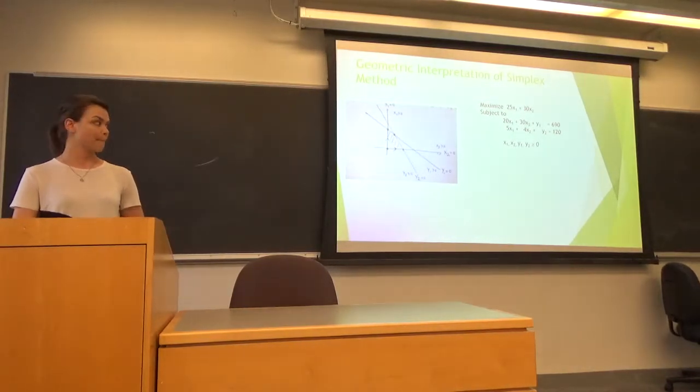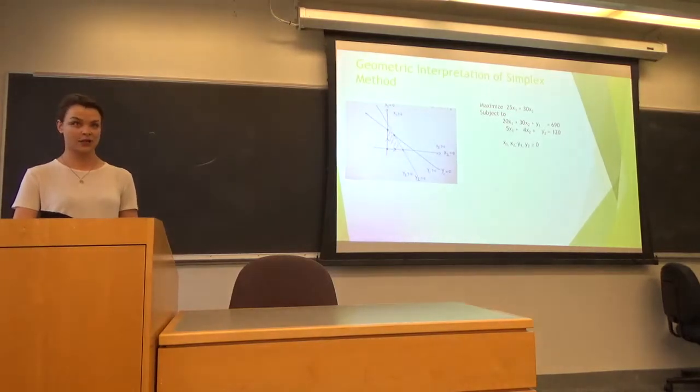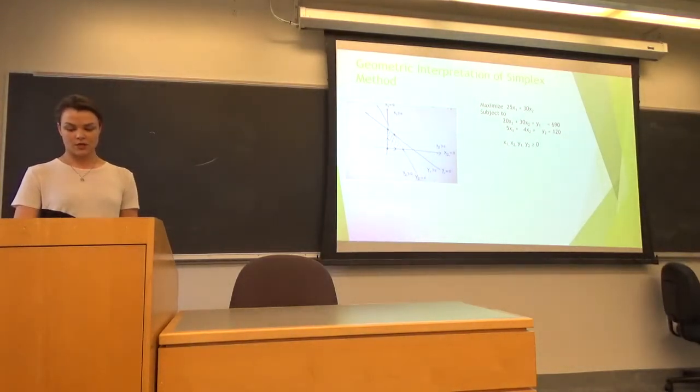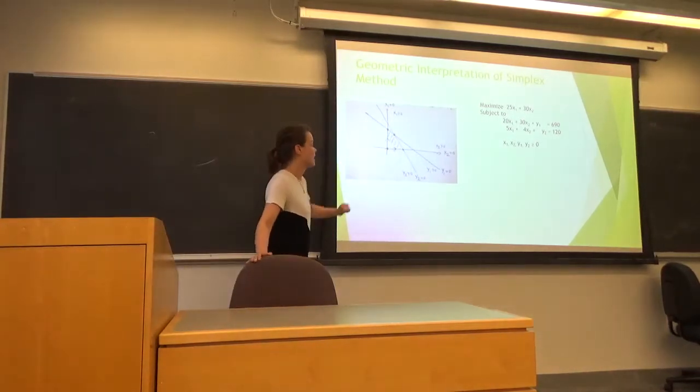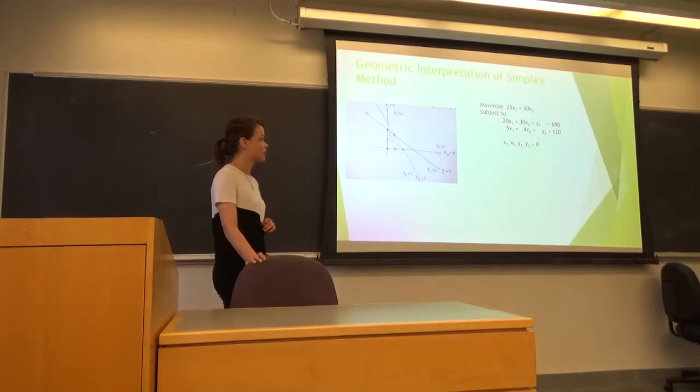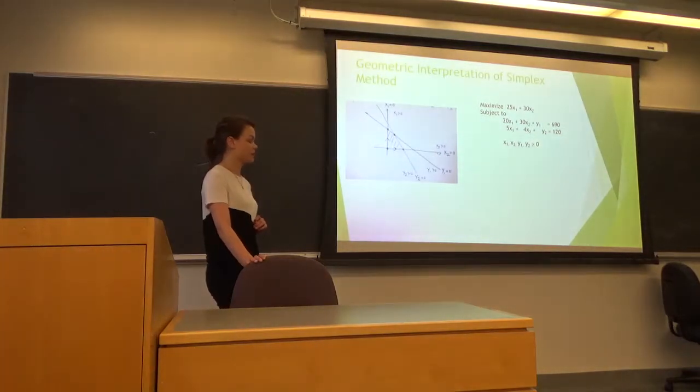So to find the optimal solution, we want to pick a vertex or an extreme point. So we start with 0, 0 as a basic feasible solution. So 0, 0 will be right here. And we want to start, so x1 is 0 and x2 is 0.